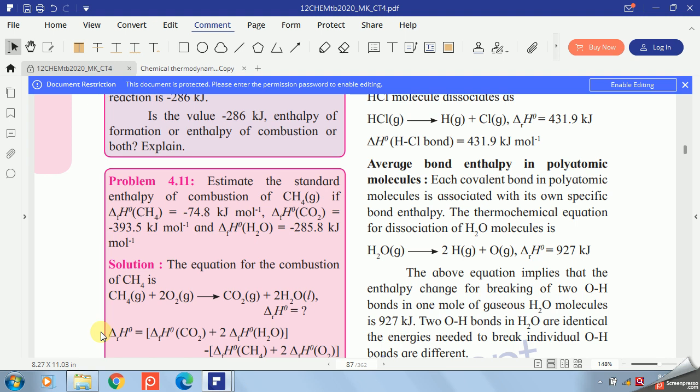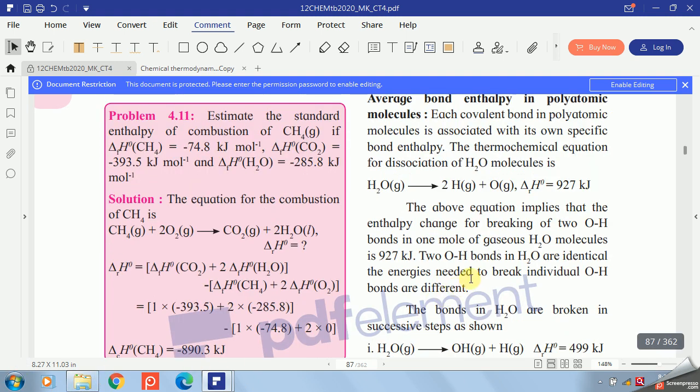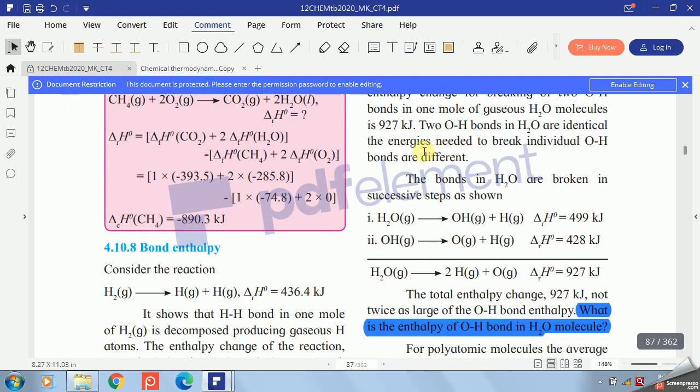In H2O there are two bonds, two O-H bonds, and they are the same, but they require different energy.